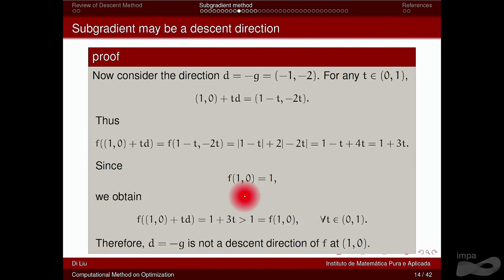And since we already know the function value at (1, 0), at the point x_k, is 1, we obtain that at the new point (1, 0) plus td, it is 1 plus 3t, which is greater than 1 because t is greater than 0, for any t belongs to (0, 1).